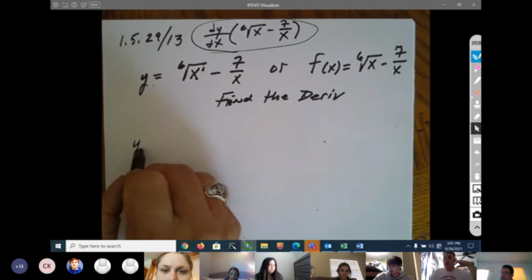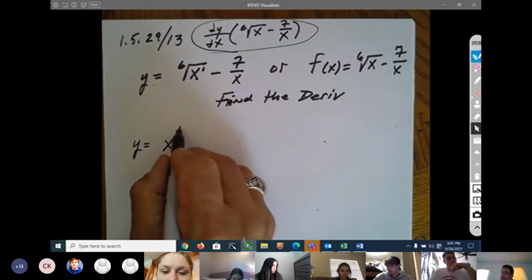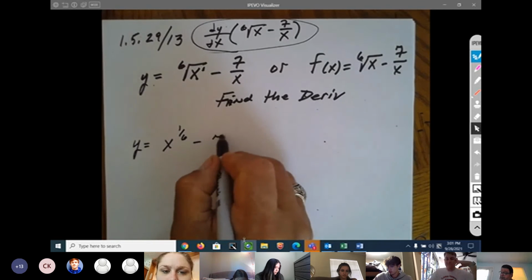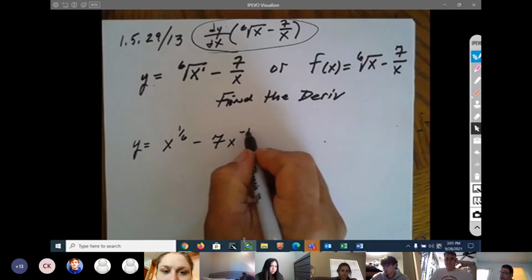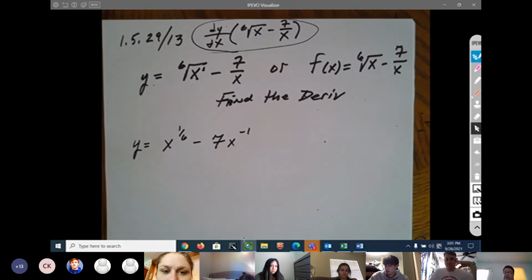So y is equal to x to the 1/6 power minus 7x to the -1. Now go to it. I'm going to let y'all do the rest of it, because I've done the hard part. The hard part is rewriting it. So take a minute and see if you can finish it.